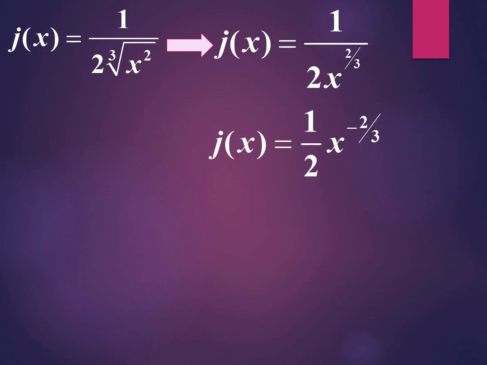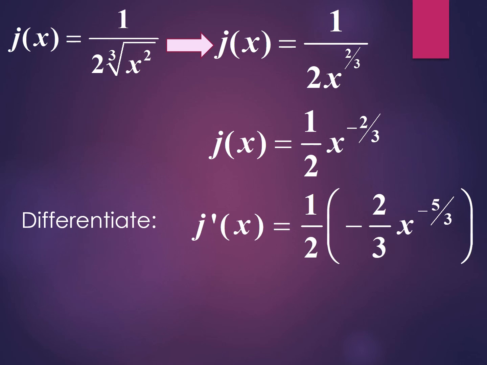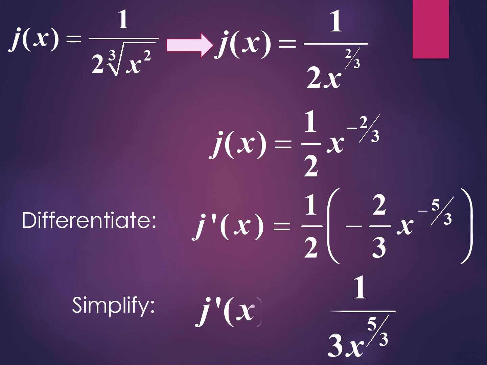So separating 1/2 and then getting the derivative of x to the negative 2 over 3, we have j prime of x equals 1/2 times negative 2 over 3 x to the negative 5 over 3. From here, we are going to make our exponent positive. So the answer would be j prime of x equals negative 1 over 3x to the 5 over 3.